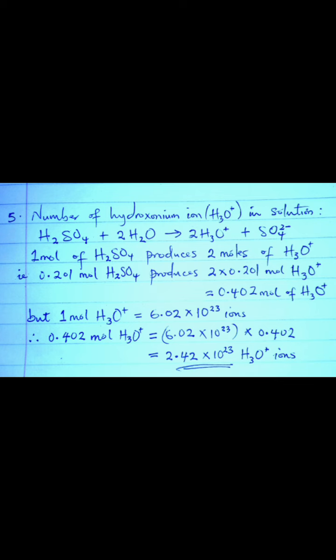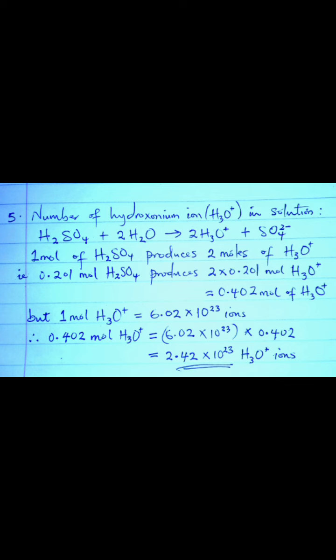Remember Avogadro's constant. So 0.402 moles of hydronium ions will contain 6.02 times 10 raised to power 23 times 0.402, which gives 2.42 times 10 raised to power 23 hydronium ions that could be present in that solution.